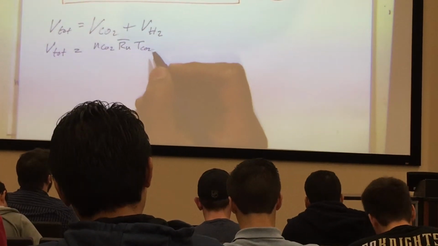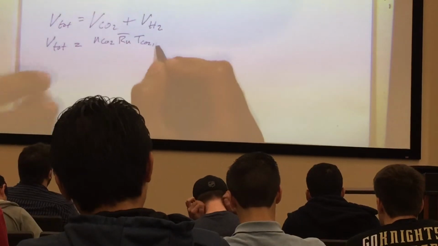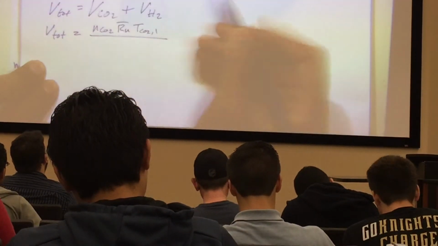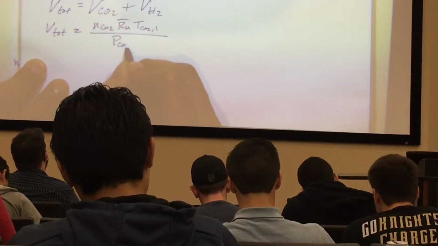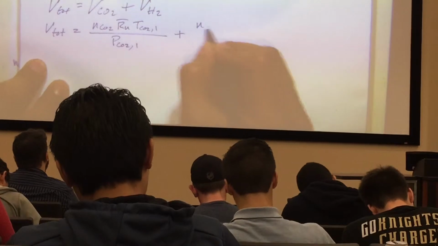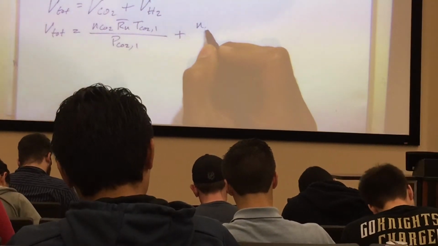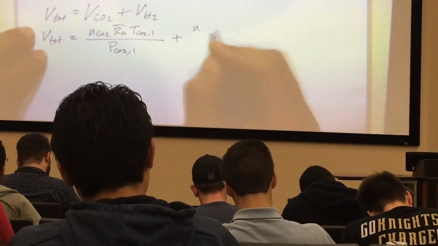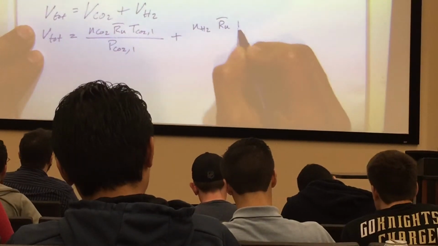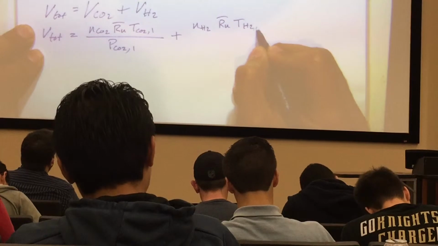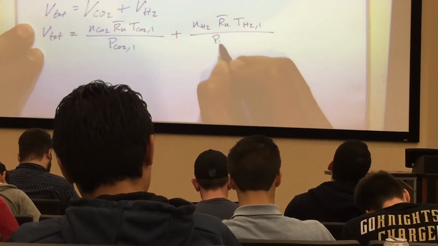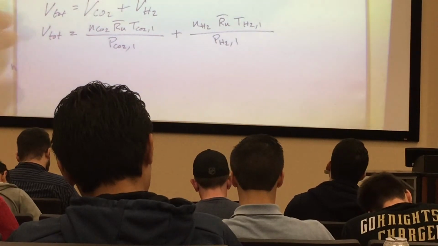They're going to get to an equilibrium temperature, but initially it's at T1, divided by P of CO2 at stage 1, plus N of, what was the other species? Hydrogen. H2, sorry. RU T H2 1 divided by P H2 1.